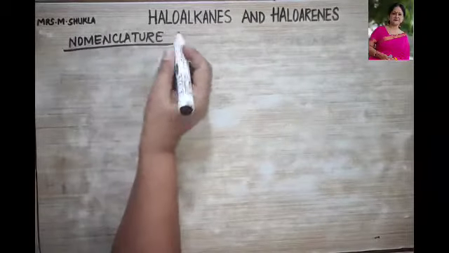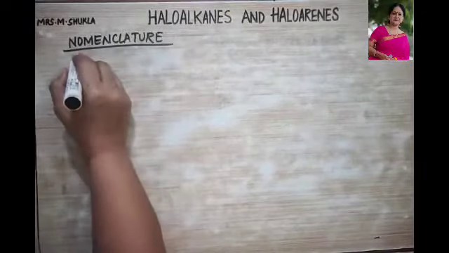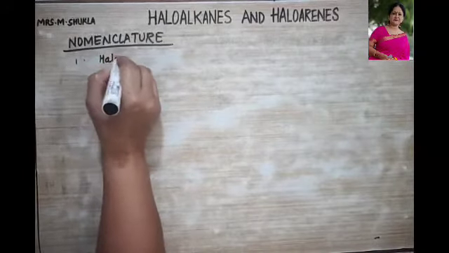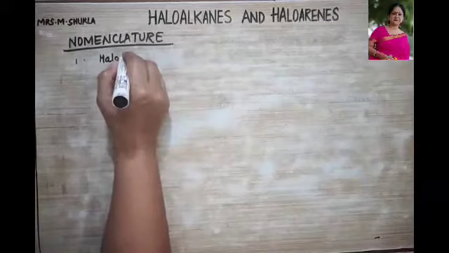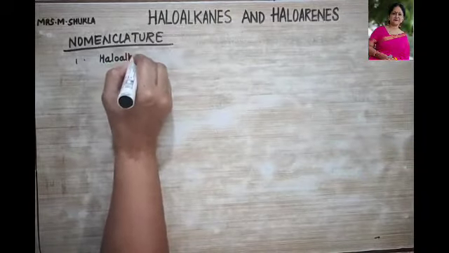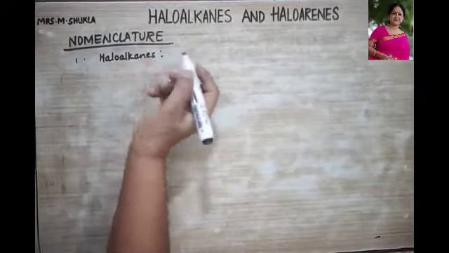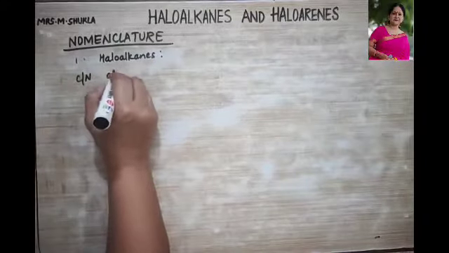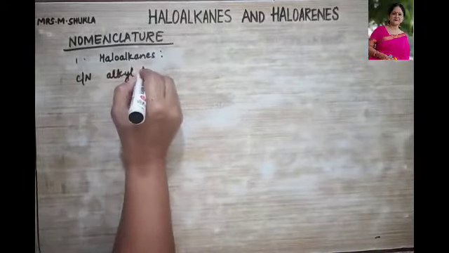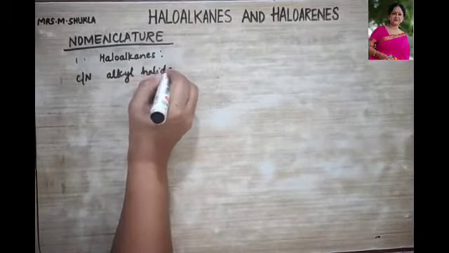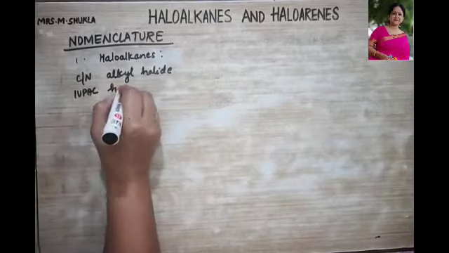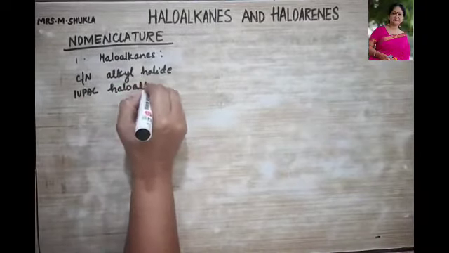Okay. So for haloalkanes, let's talk first about haloalkanes, and then I will discuss haloarenes. Here the common name will be your alkyl halide, as I told you just now, and your IUPAC name, how are we going to call it? Haloalkane.